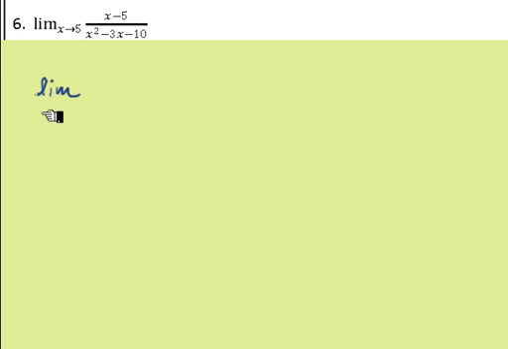The limit as x goes to c of a rational function, what we could do is we could just reduce, and then after reducing, if c is no longer a 0 of the denominator, then we could substitute in.